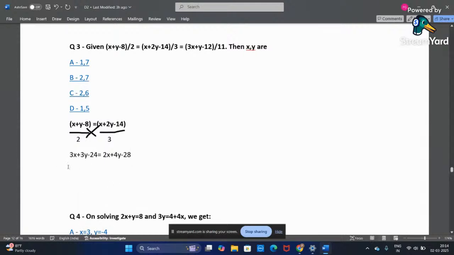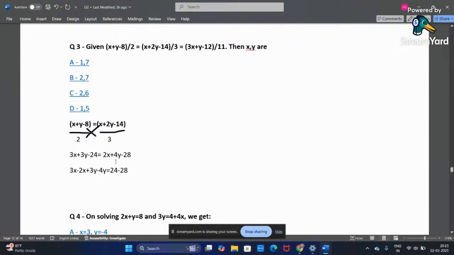So 3x minus 2x we get x, right? I'll write all the equation, 3x plus 3y minus 2x minus 4y equals 24 minus 28.